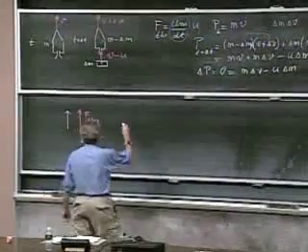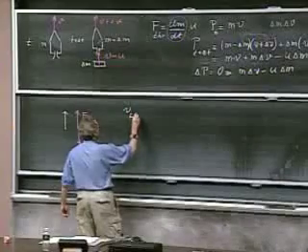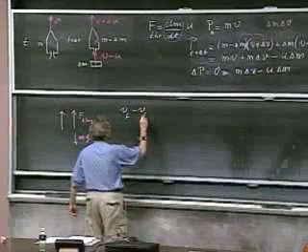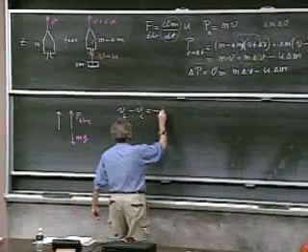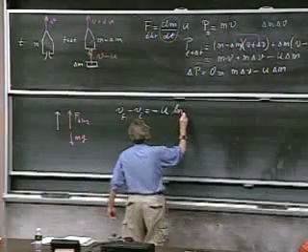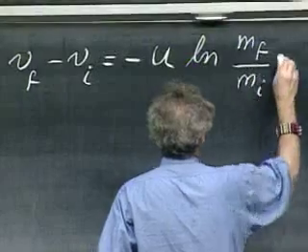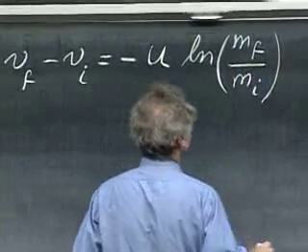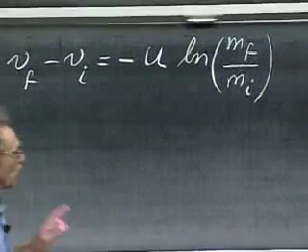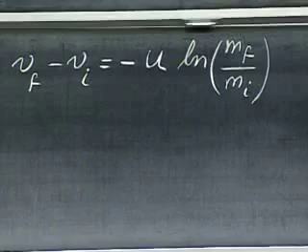And then you come up with a very famous equation: the final velocity of the rocket minus the initial velocity of the rocket equals minus u times the logarithm of the final mass of the rocket divided by the initial mass of the rocket. This is if there were no gravity at all.